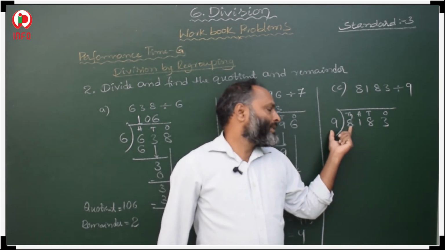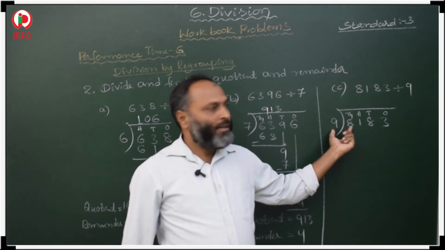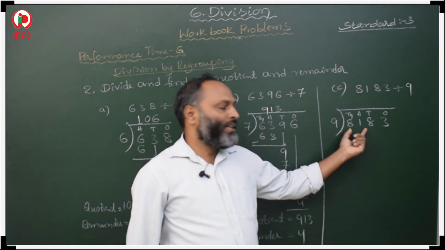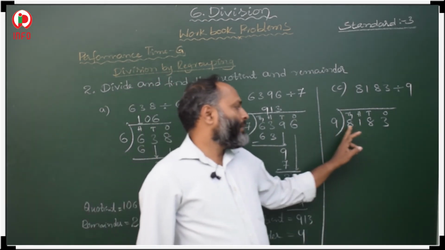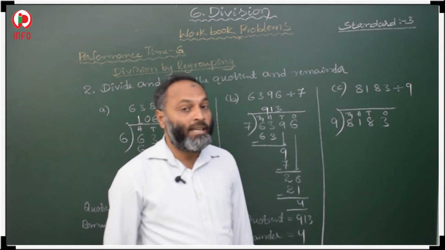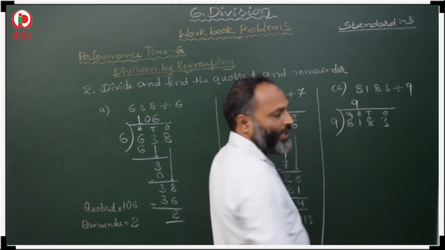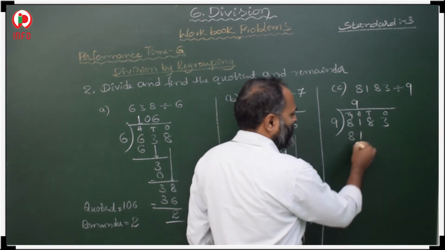The thousands place is less than the divisor. So we have to take 1 hundred and 8000, that is 81 hundreds at a time. Now in the 9 table when you get 81, read your 9 table. 9 9s are 81, 9 in the quotient place, 9 9s are 81.